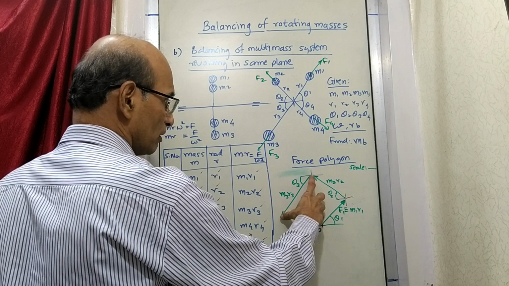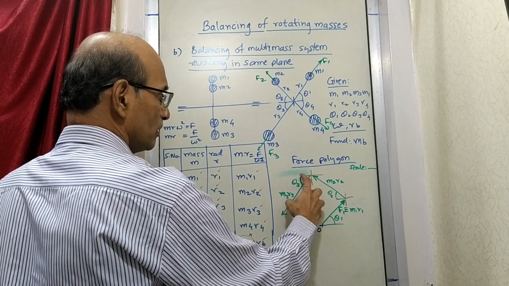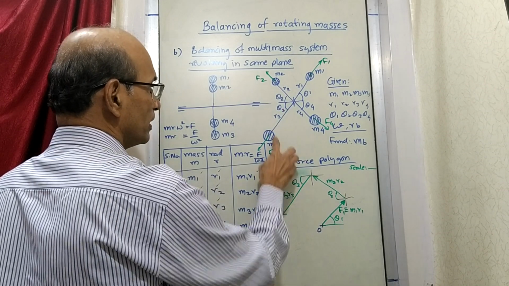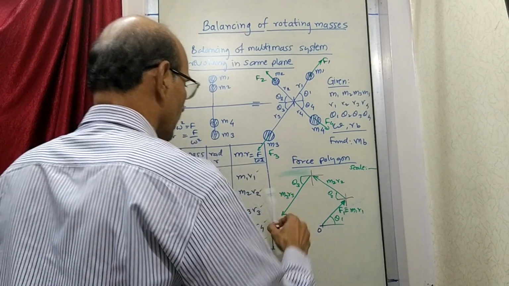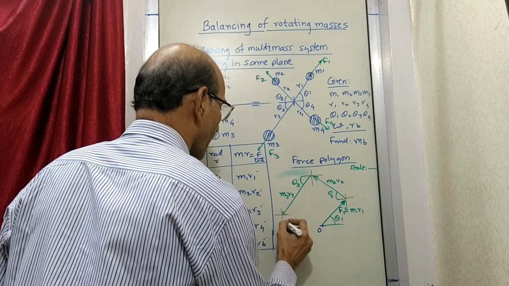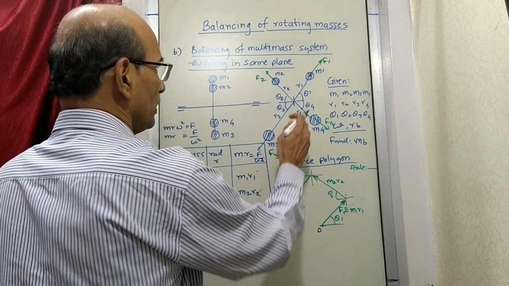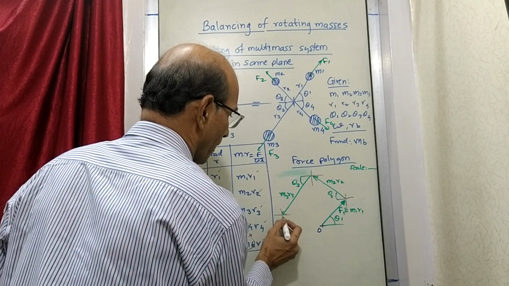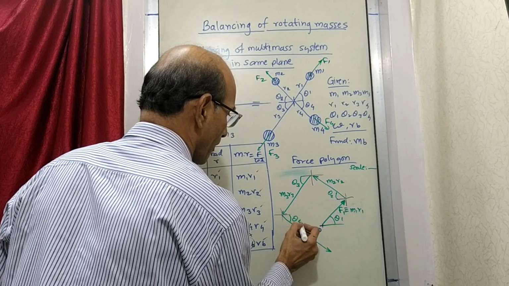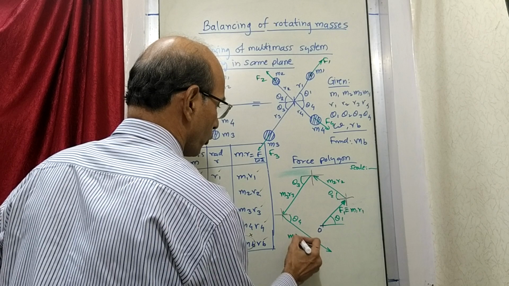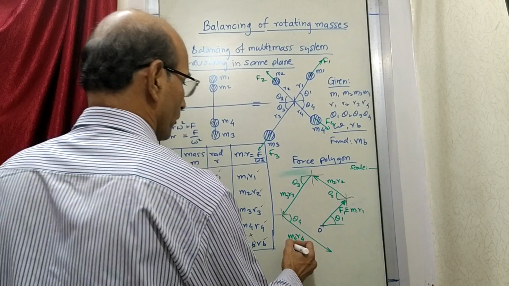So a vector of that length is drawn, making angle theta 3, representing F3. Then again the same thing, reference. Then draw a line at an angle of theta 4, and this is representing M4 R4. That is F4.